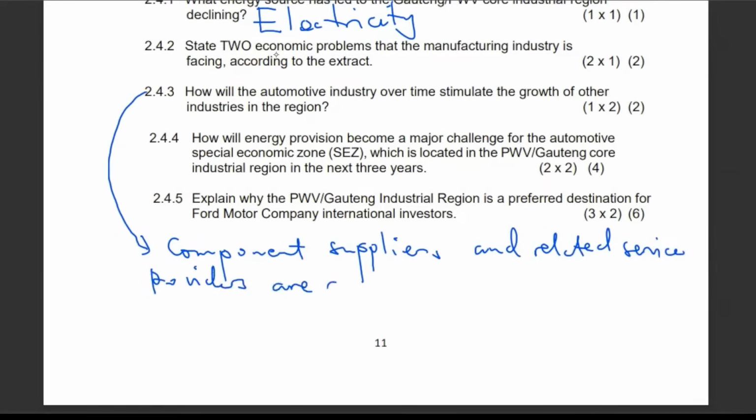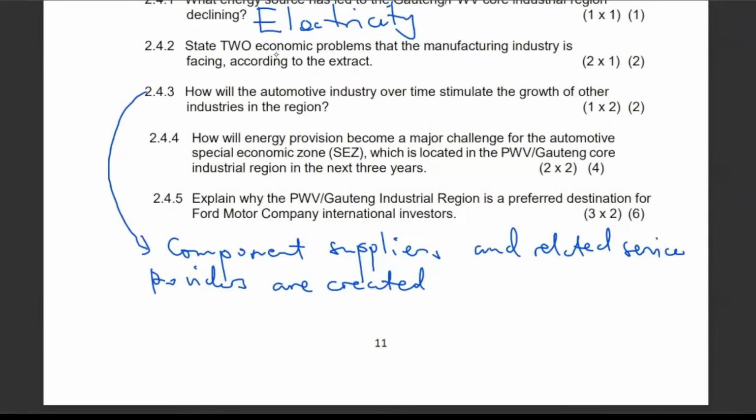Are created. If you are having an automotive industry, automatically the automotive industry will also require some component suppliers. Components, you are looking at parts of the production, part of the main product being produced. If you are producing cars, we might need someone to supply us with the tires. We might need someone to supply us with maybe the other components. We need someone to do production of the other components or supply the other components to make the whole production process finalized.